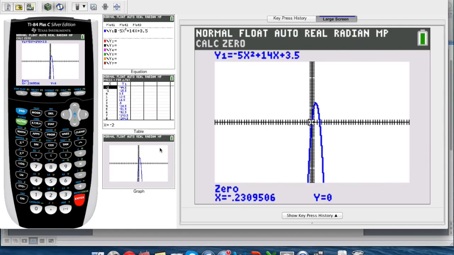Now this doesn't make sense because you can't have a negative time in this type of situation. You can't rewind time, you know what I'm saying? Anyway, let's move on. So this data doesn't make sense.